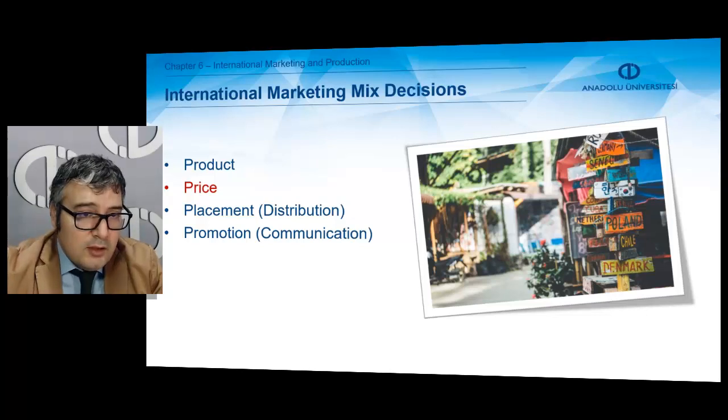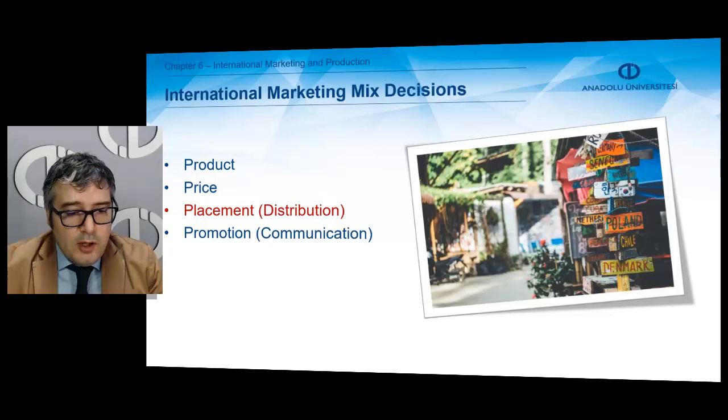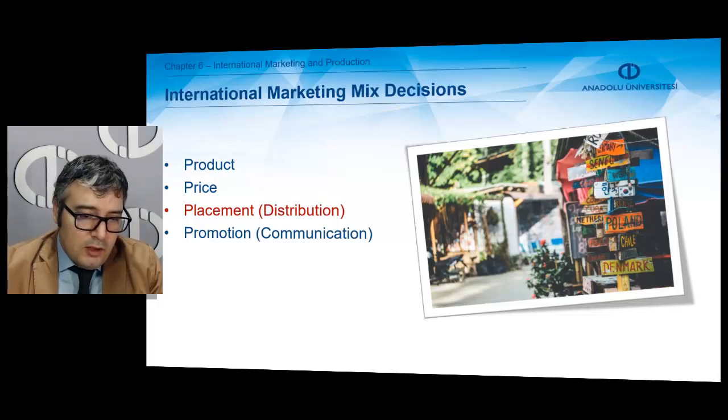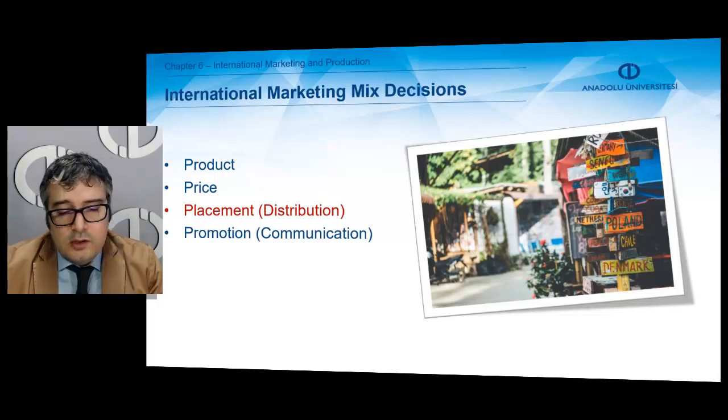The next marketing mix element that we are going to look at is placement. Placement is about distribution. Distribution is a process which involves the physical handling and transfer of goods, change in the ownership of goods among the producers, the middleman, and the buyer, and negotiations and agreements among these actors.